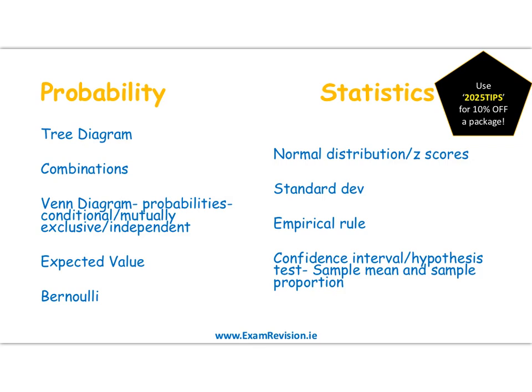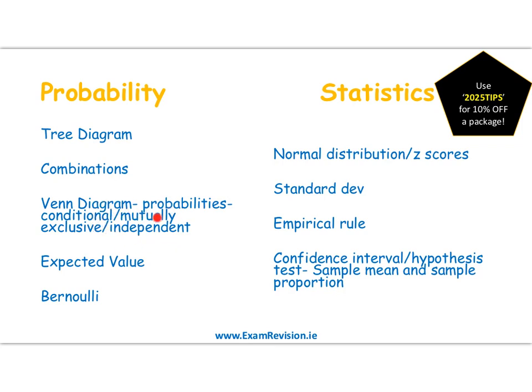So with probability and statistics, we know it features heavily on paper 2 every year between section A and section B. One thing that hasn't come up in a few years for probability is the idea of tree diagrams. So that's just something maybe to have a look back on old questions. Same with combinations as well. Again, it may or may not appear, but it's just something that hasn't shown up on the exam in a few years. Venn diagram, the whole idea of probabilities, putting them onto a Venn diagram, conditional, mutually exclusive, independent.